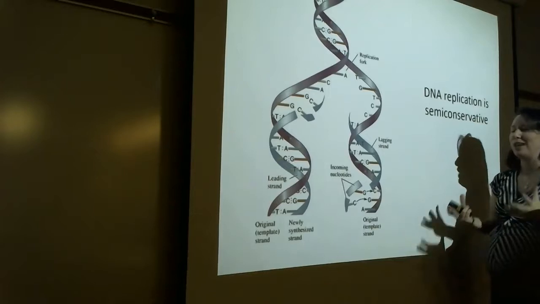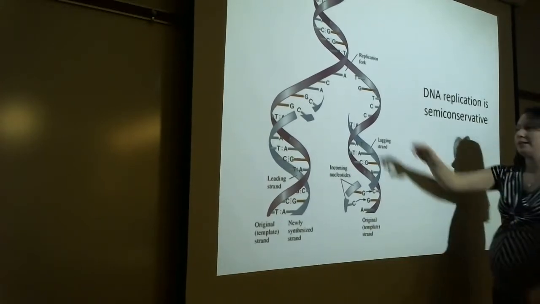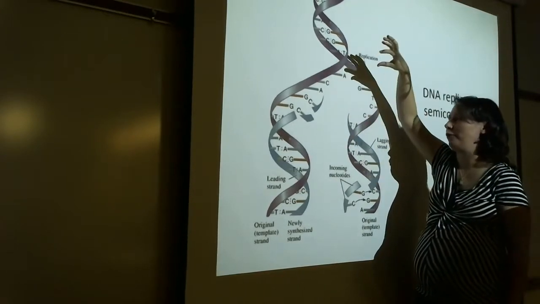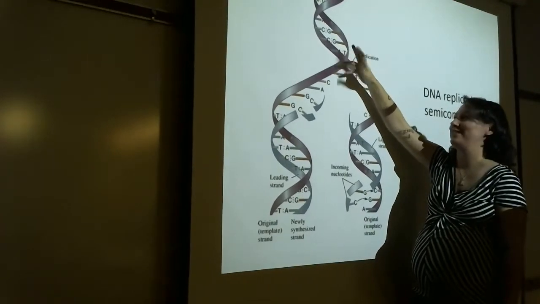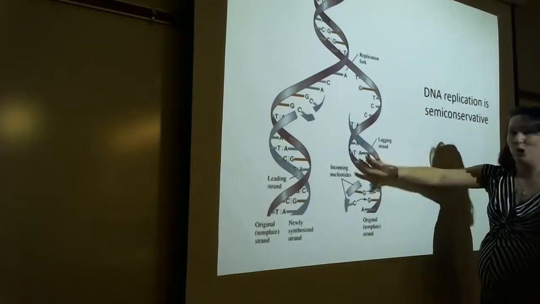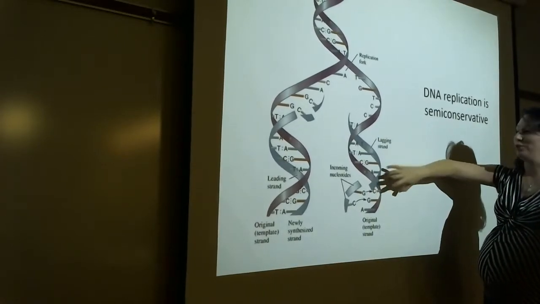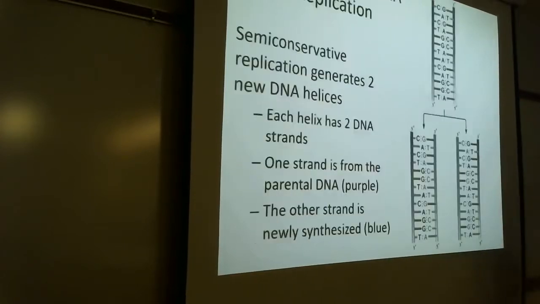Now again, your textbook pictures are grossly oversimplifying this because this doesn't unwind without outside help, right? There's a big fat honking protein sitting right here that's doing the unwinding, okay? This doesn't just unwind spontaneously. And these don't just float in there, right? There are complex cellular machinery we call proteins that are putting them in place, okay?